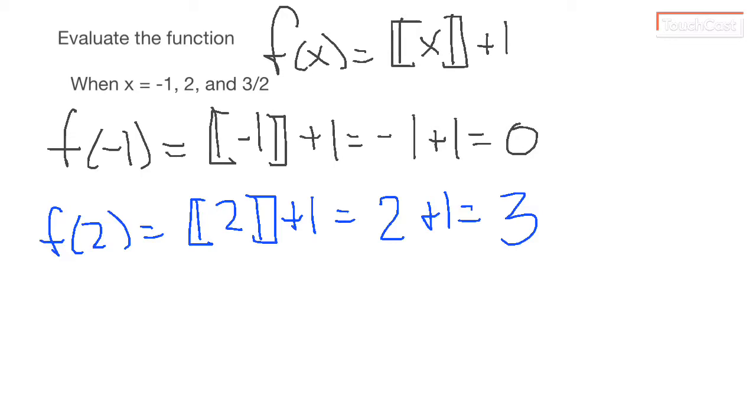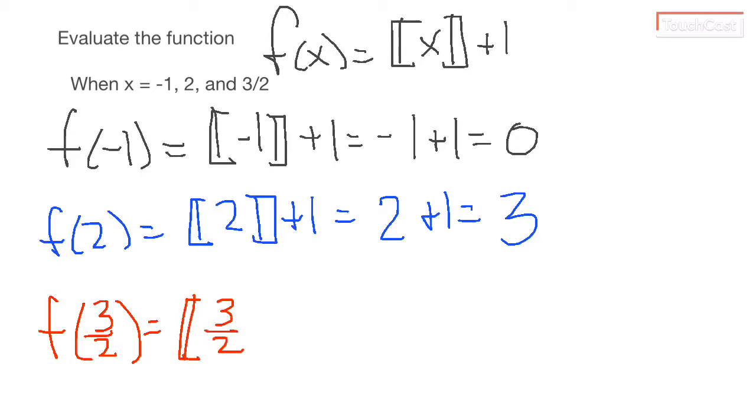Let's then also figure out that last x value, 3/2. So f of 3/2. As a reminder, that's about like 1.5. So we're looking for the greatest integer of 3/2, the greatest value that is less than or equal to 3/2 that is an integer, and then add 1 to that.